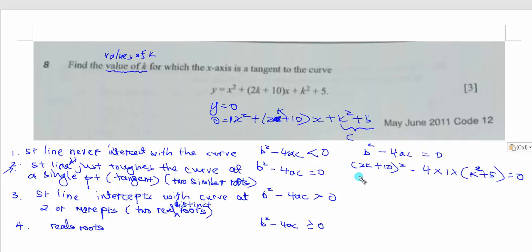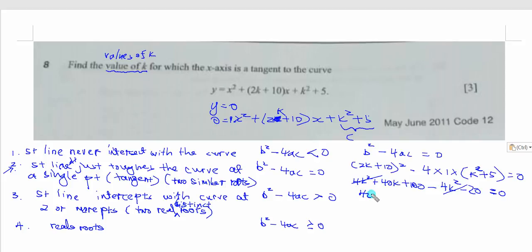So expand this. This will be 4k square plus 40k plus 100 minus 4k square minus 20 equals 0. Now, minus 4k square plus 4k square, you cancel off.